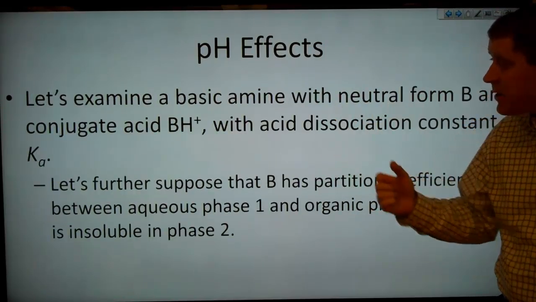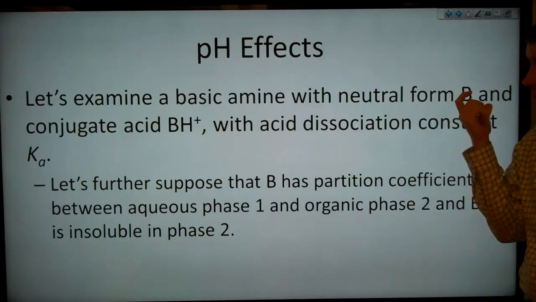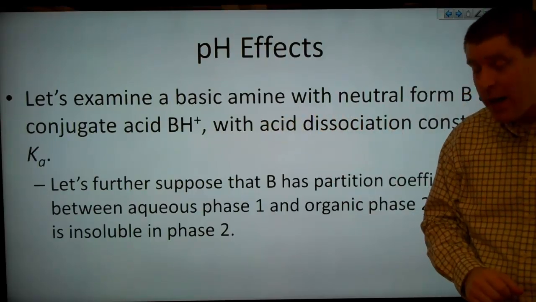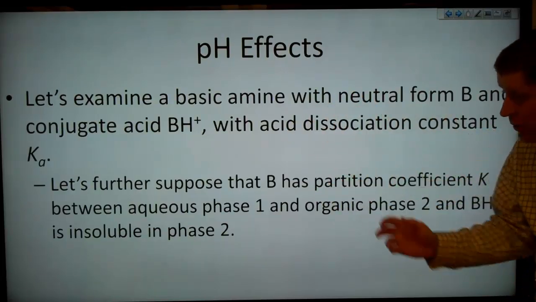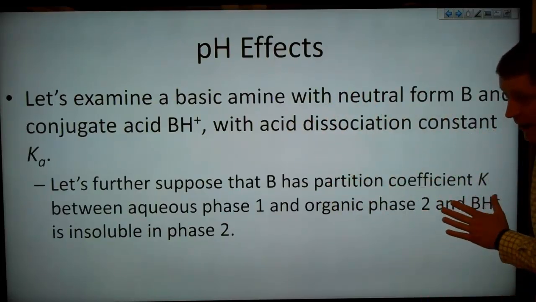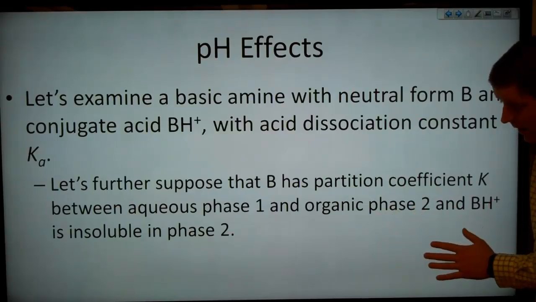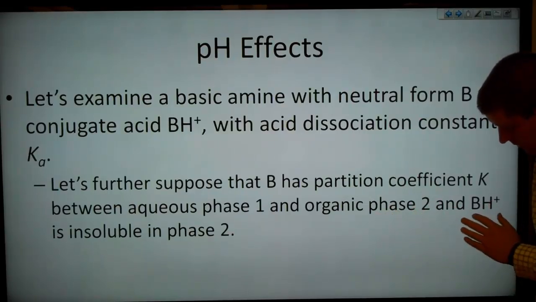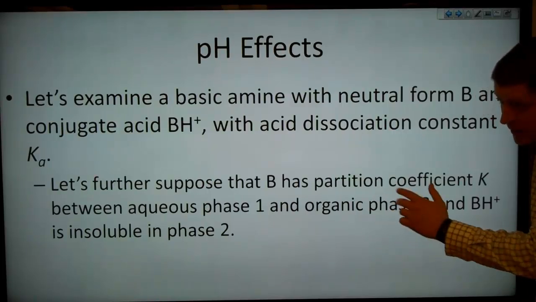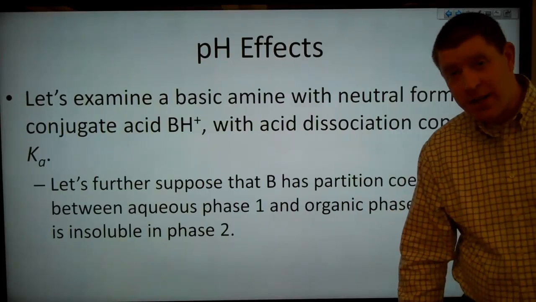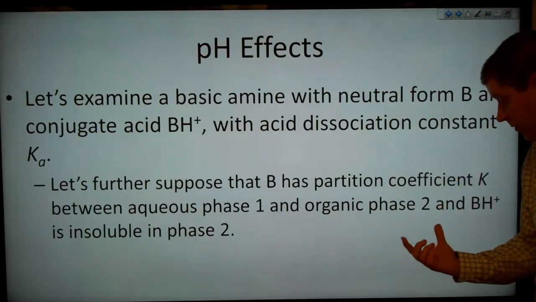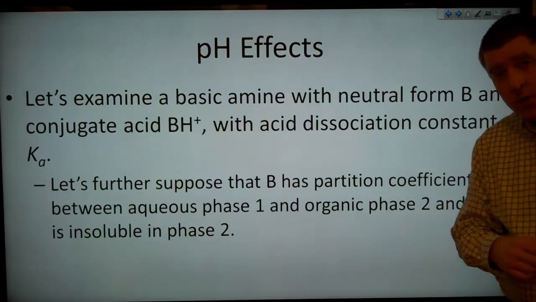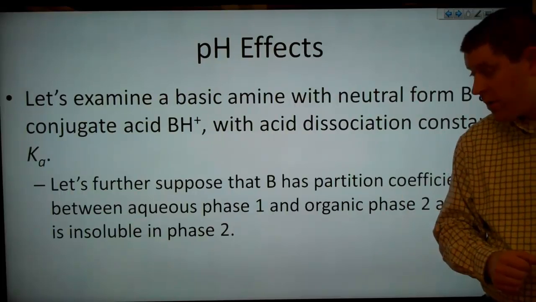So let's examine a basic amine with neutral form B and conjugate acid BH+ with acid dissociation constant of Ka. And let's further suppose that B has a partition coefficient K between aqueous phase 1 and organic phase 2, and BH+ is insoluble in phase 2. Essentially, because it's charged, the partition coefficient for BH+ greatly favors the water phase.